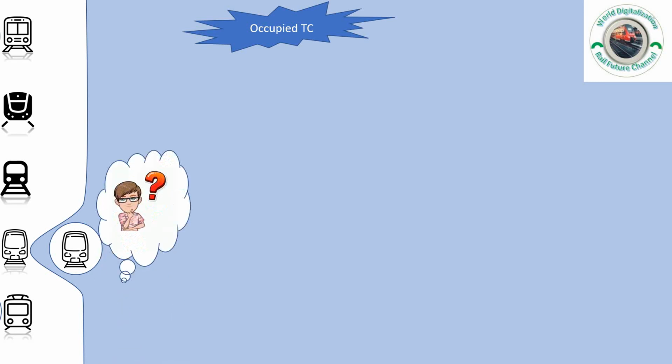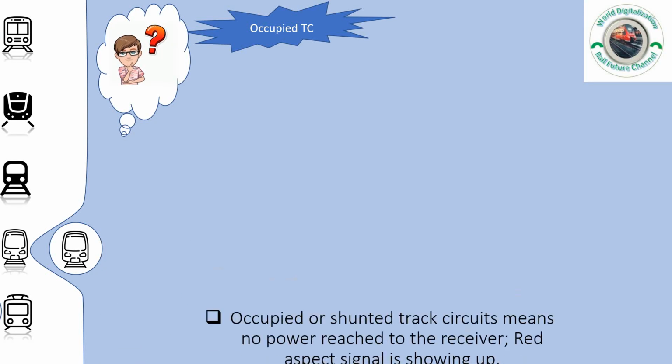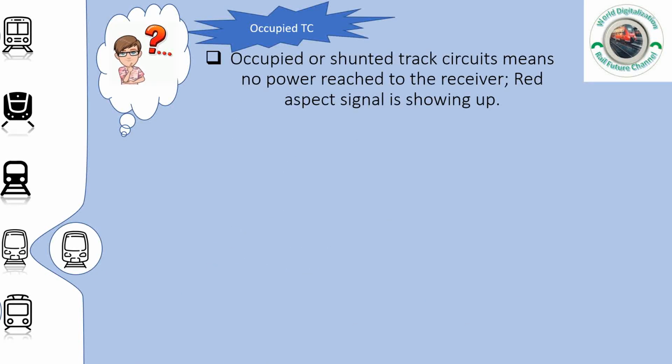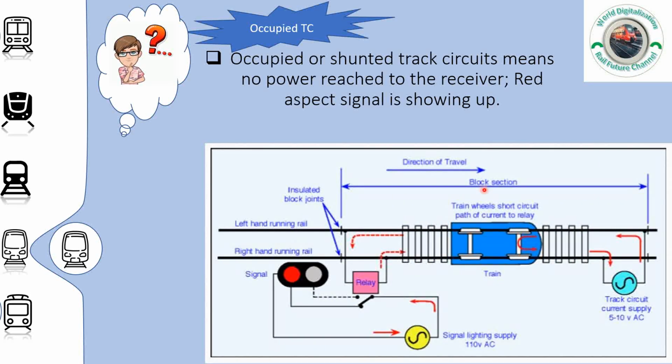Occupied DC. What does occupied DC mean? Occupied or shunted track circuits mean no power reached the receiver. The red aspect signal is showing up, as illustrated here in the picture. There is an occupied track section when the wagons or the train enter the section or the block section.